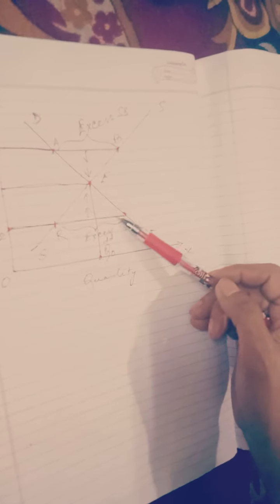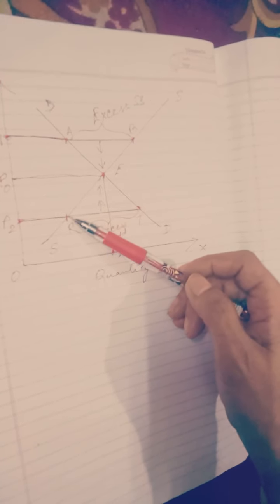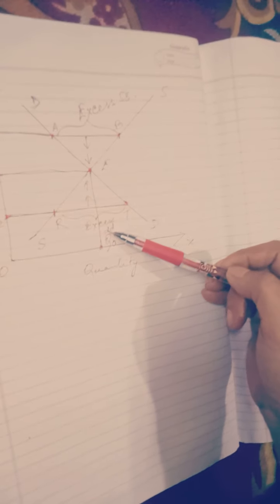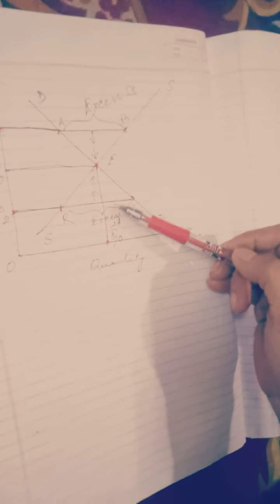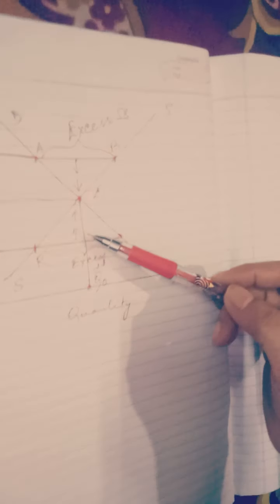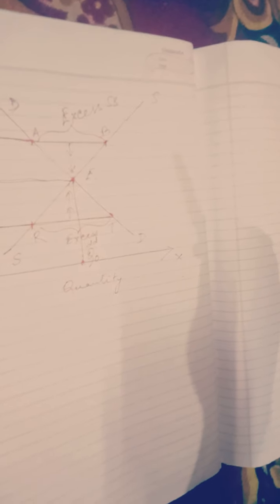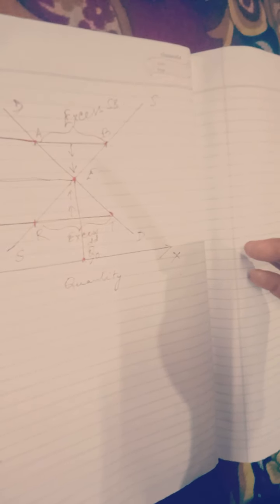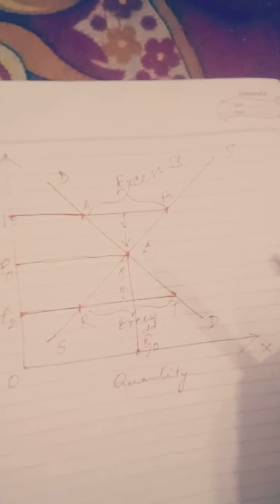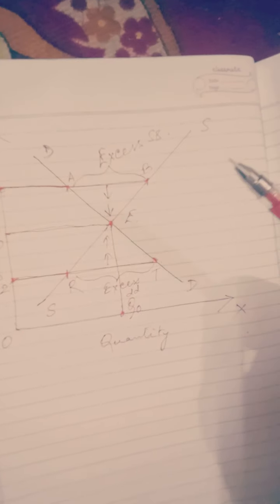At this price OP2, quantity demanded is greater than quantity supplied. By how much? By RT, this amount. And this is excess demand. If there is excess demand, then the price would rise. Because too many people are demanding, suppliers or producers are unable to supply that much quantity, so price would rise.